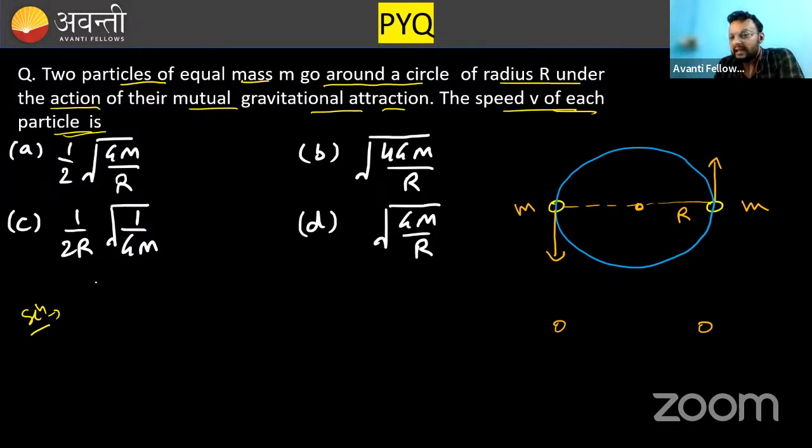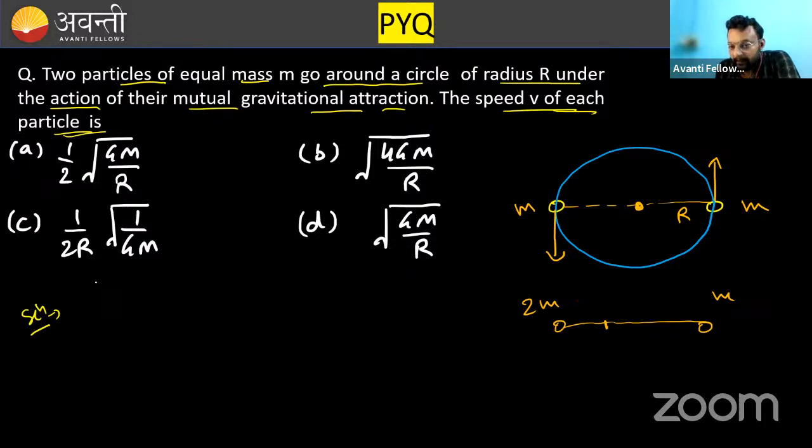What is the center of mass? In this question, the center of mass will be at the midpoint of the two masses. Why? Because these are two masses of equal mass. If, let's suppose, this is 2m and this is m, then their center of mass will not be at the midpoint of the line, but near the heavier mass.